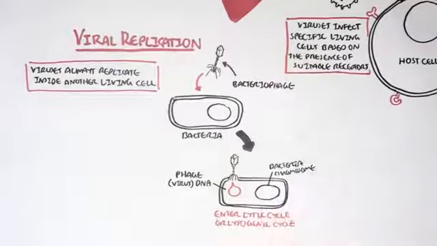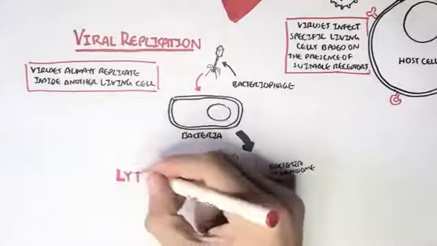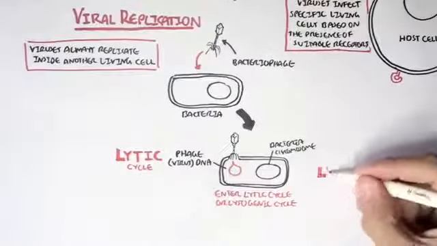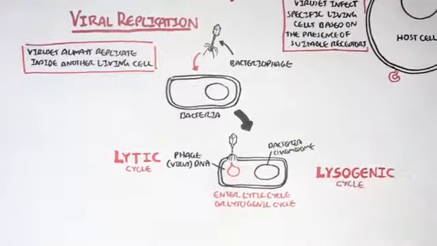The DNA is known as the phage DNA. From this point, the viral infection can enter what's called the lytic cycle or the lysogenic cycle. As a general rule, you can remember the lytic, that lytic sounds like lysis, and lysis means to burst, so this lytic cycle will result in the bacteria bursting, dying basically.